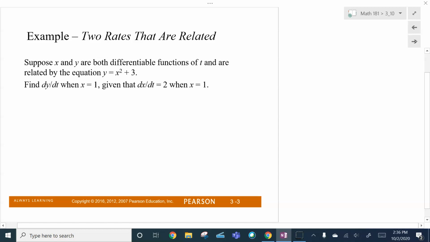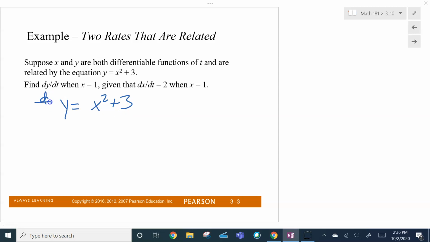Let's do some implicit differentiation, where we differentiate both sides of the equation with respect to t. If we have the equation y equals x squared plus 3 and we differentiate with respect to t on both sides, then we take the derivative of y, which is 1, chain rule, dy dt.